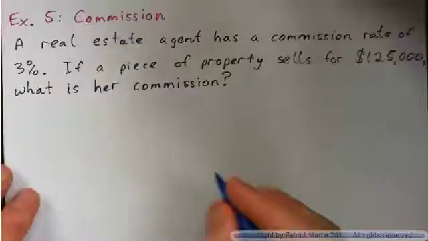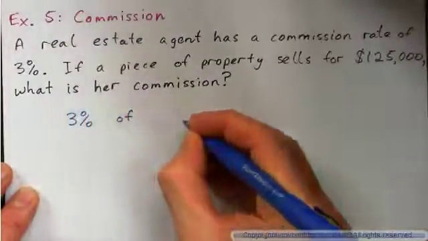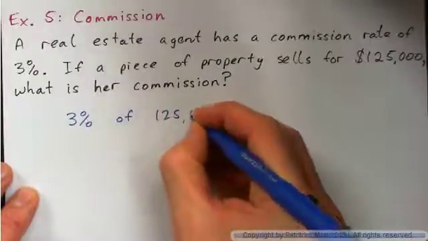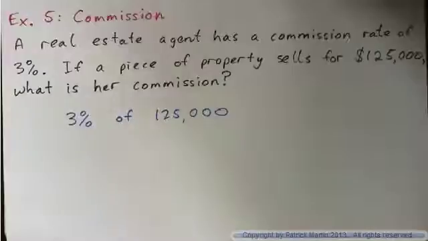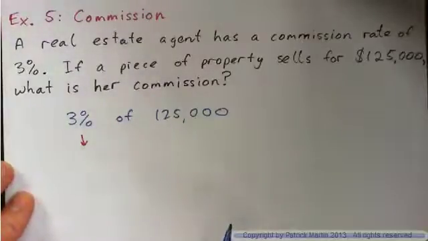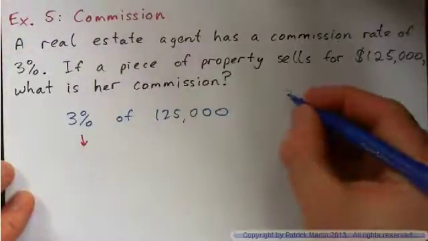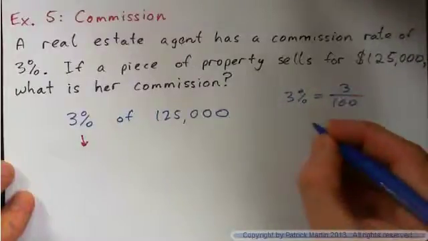Okay. What I want to get is 3% of 125,000, correct? And that's what I'll have to do. So turn 3% into a decimal. And what does that become? Well, 3%, once again, I'll just remind you, is 3 per 100. 3 hundredths.